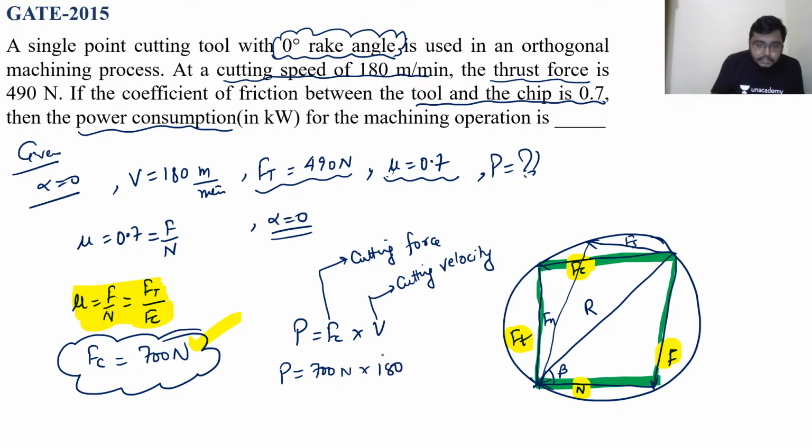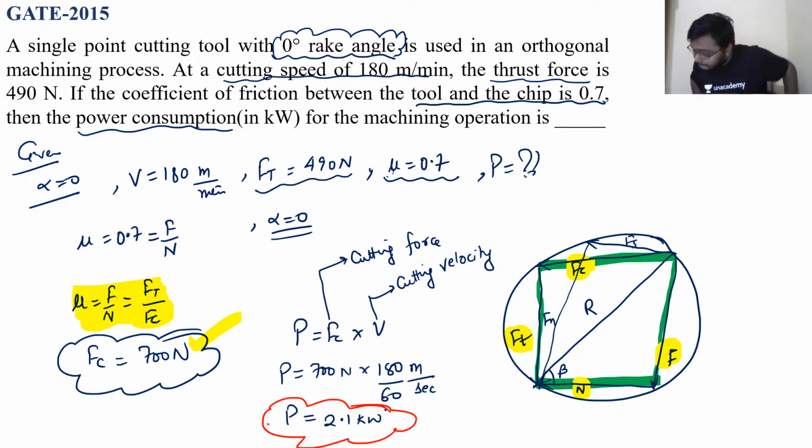Cutting velocity is 180 meter per minute. So if I convert it to meter per second, dividing by 60, P is going to be your 2.1 kilowatt. This is your answer.